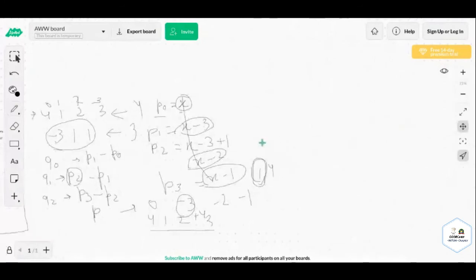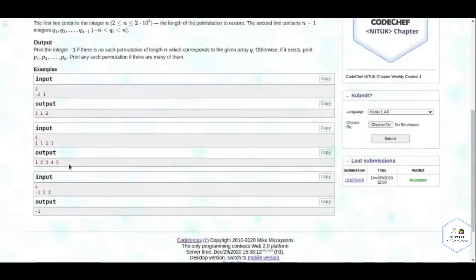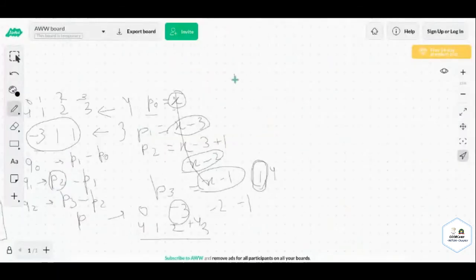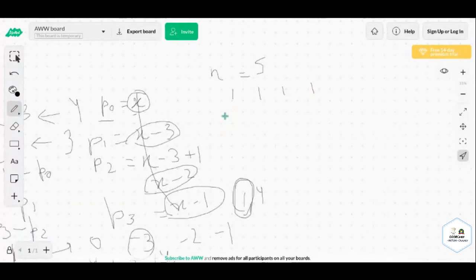Let's take another example. We are given n equals 5, and the differences are 1, 1, 1, and 1. Now the first number is x. The second is x plus 1. Then the third number is x plus 1 plus this one, that is x plus 2. Then x plus 2 plus 1, that is x plus 3. And then x plus 3 plus 1, that is x plus 4.